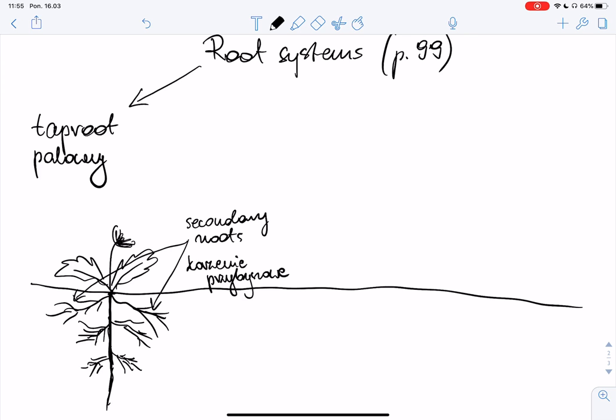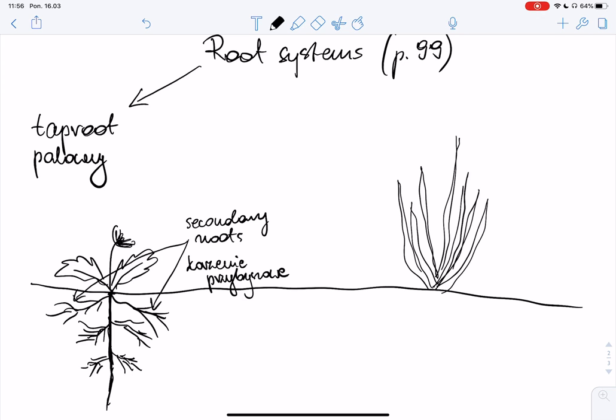So some of the plants will have it this way. On the other hand, we have grass. So we have many leaves of the grass, which are quite long.